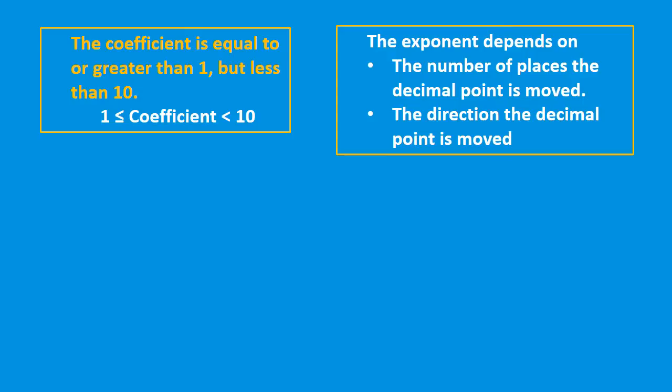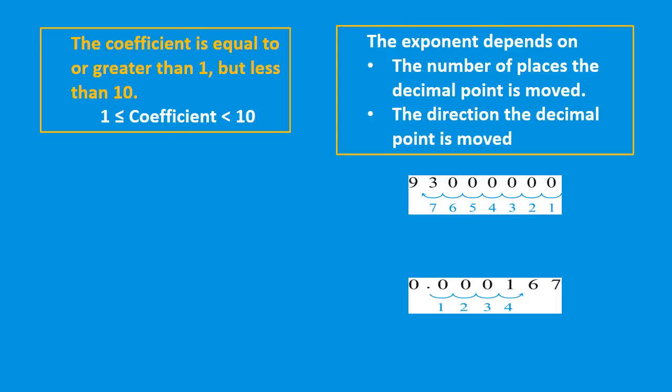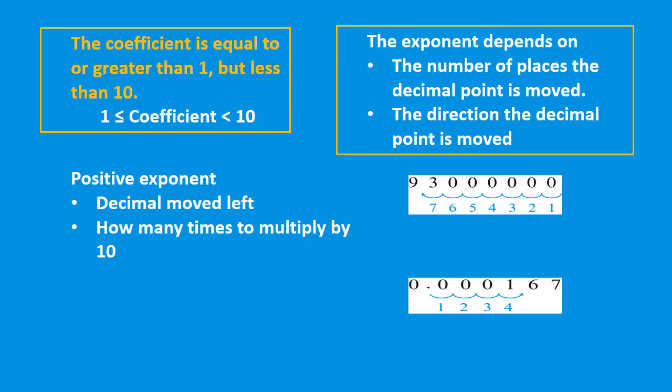Now our exponent depends on two things. The number of places the decimal point is moved, that gives us the value or the number, and the direction in which the decimal point is moved. It tells us if it's positive or negative. So what does a positive exponent tell us? It tells us that the decimal was moved to the left, as we see here.